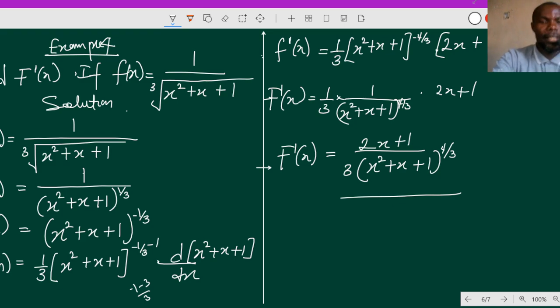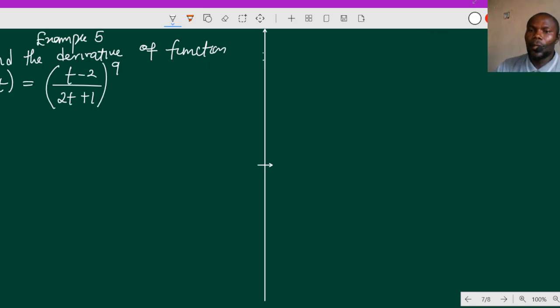The moment it is in index form, we are able to see that is the final answer. This is just the way it is. So this is example 5.